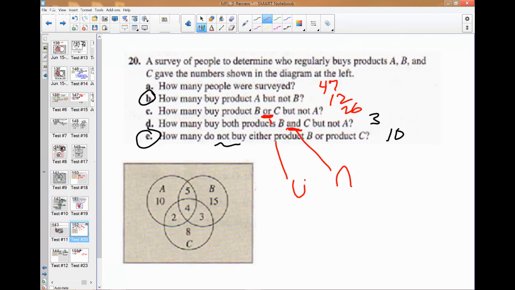So where's B intersect C? Where does B overlap C, right? Wouldn't it be in there, that little football? But not A. So that means that guy's out. So that really just leaves us with 3.